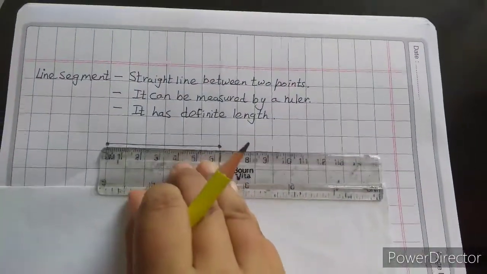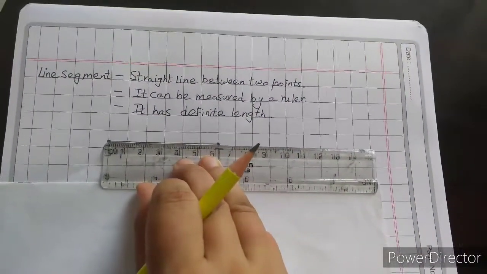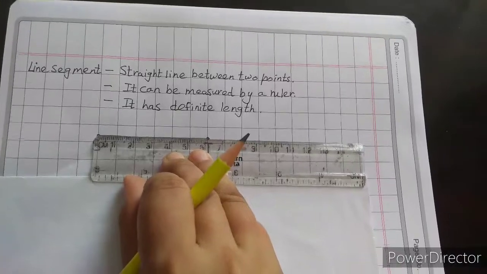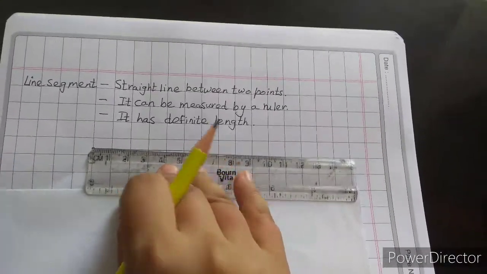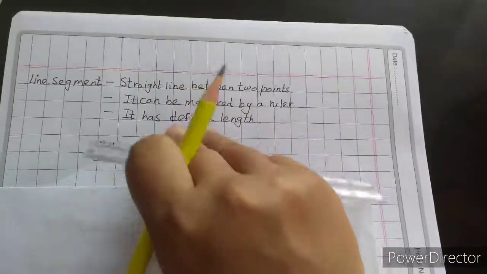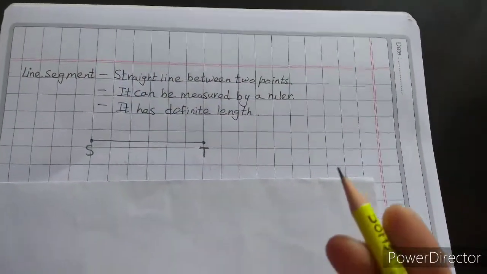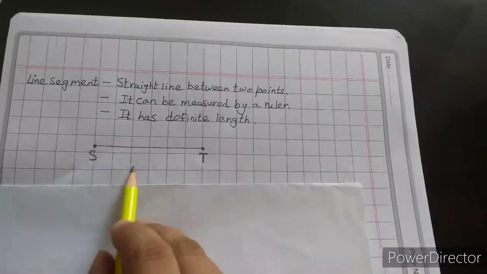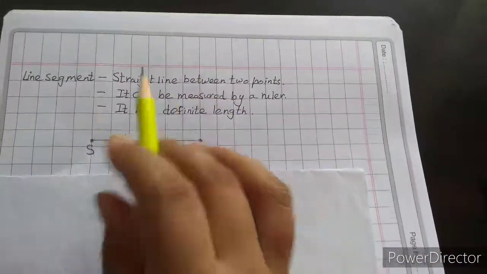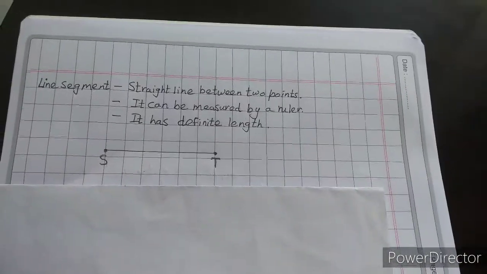Like इसका length है 6, it is 6 centimeter. So a line segment can be measured, but a straight line, जिसका पहले हमने topic किया था, cannot be measured. It does not have a definite length.